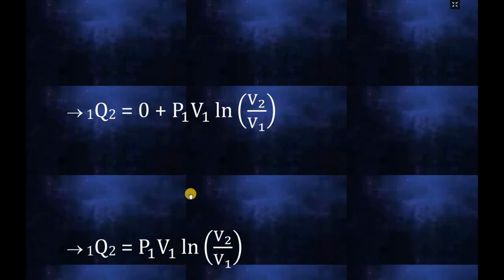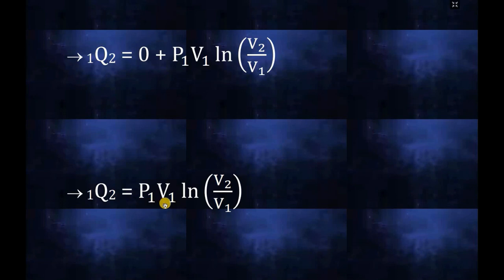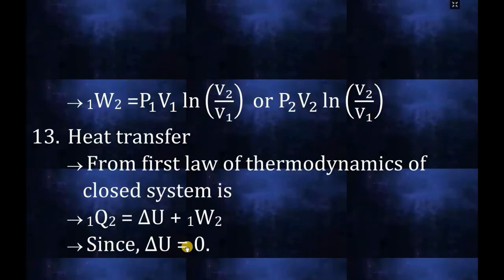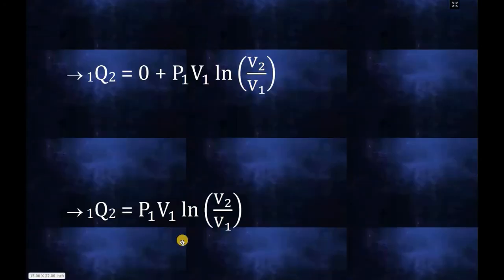So the next step will be 1Q2 is equal to P1V1 log V2 by V1. Friends, this is the formula of total heat transfer during a constant temperature process. You can see here that the formula of work done and the formula of heat transfer are the same. So in a constant temperature process, the formula of work done and the formula of heat transfer are the same.